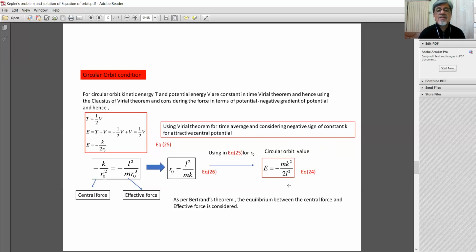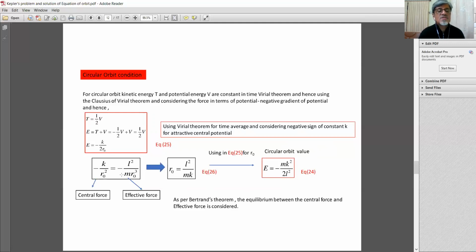And using the virial theorem in terms of time average, and considering the negative sign of constant K for attractive central potential, we can write using Bertrand's theorem, because as per Bertrand's theorem, equilibrium between central force and effective force is considered. In Bertrand's theorem, we have obtained this relation.